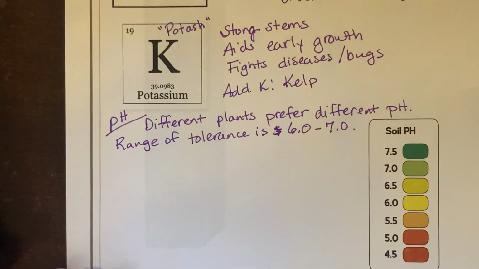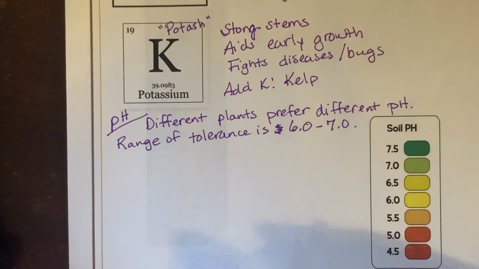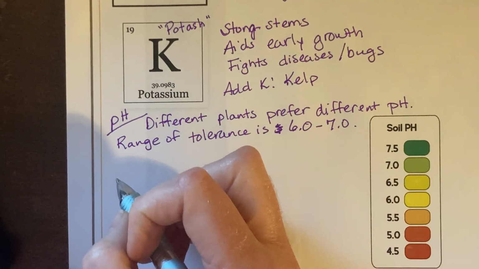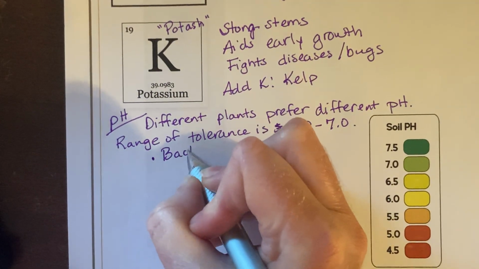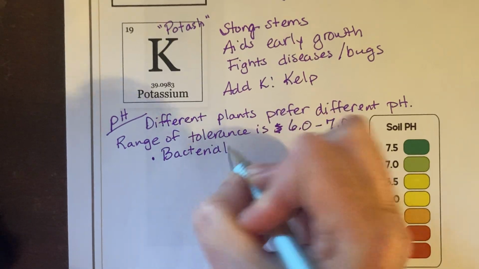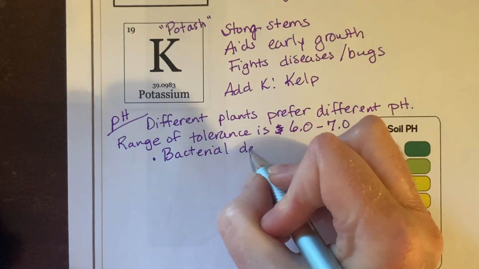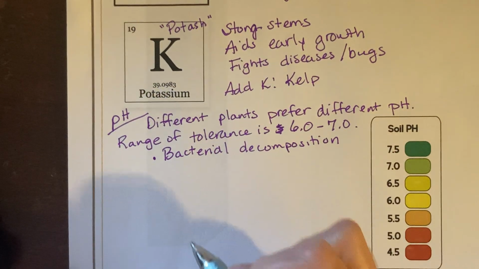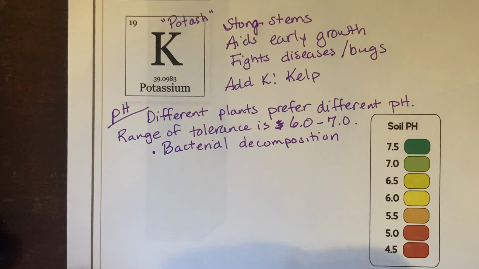So most plants like it somewhere around neutral or slightly below neutral. Why do plants like a neutral pH? Because bacterial decomposition is best in the soil here, and that decomposing bacteria helps give nutrients to the soil. So they like this pH best.